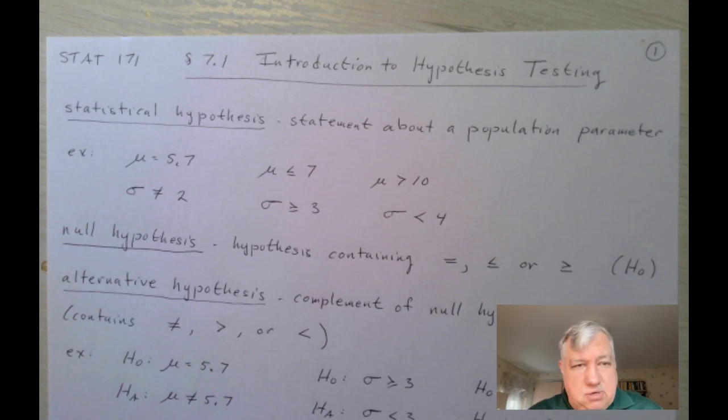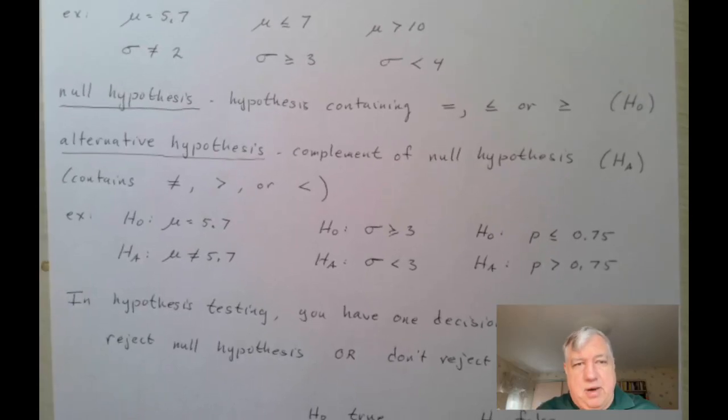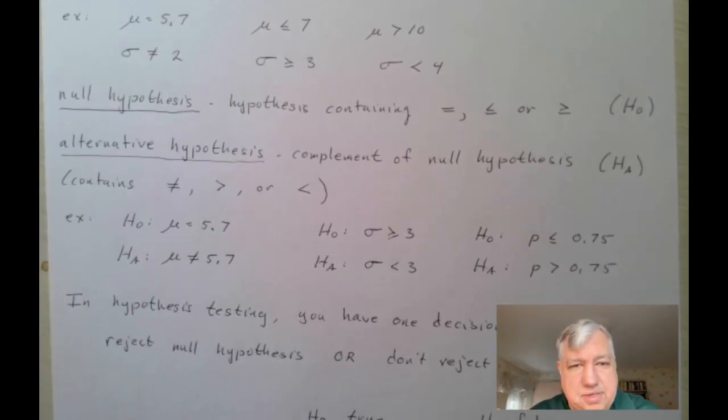So a statistical hypothesis is a statement about a population parameter, like a mean or a standard deviation or a population proportion. So these are all examples of the hypotheses that we'll be working with. And in particular, we're going to be working with two types of hypotheses: a null hypothesis and an alternative hypothesis. The null hypothesis is a statement that contains some notion of equality.